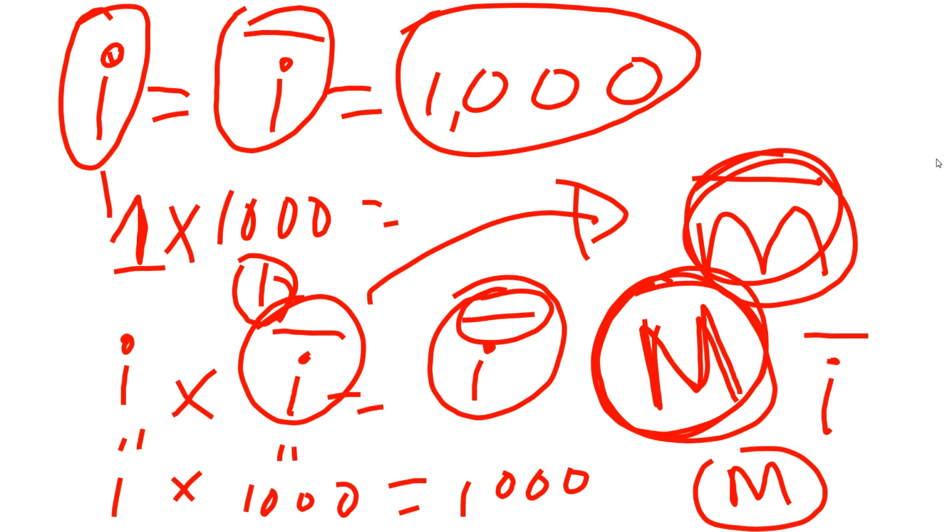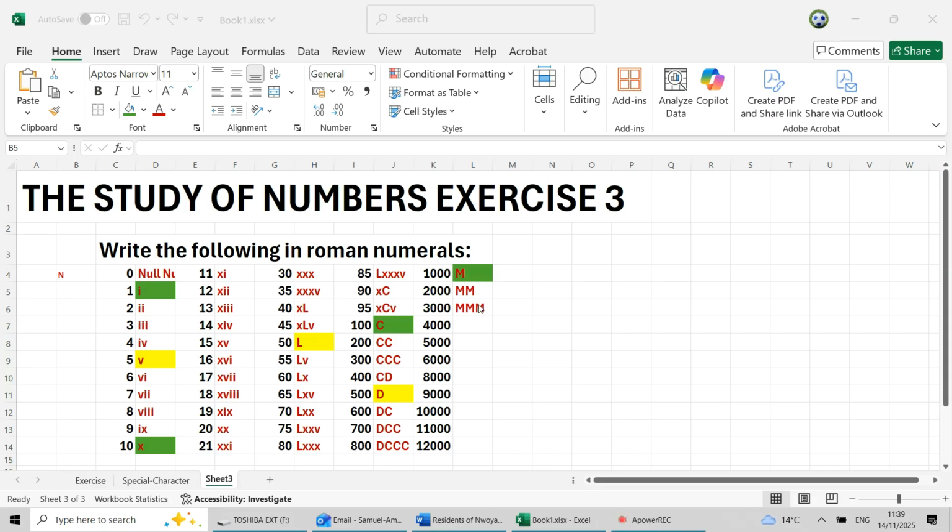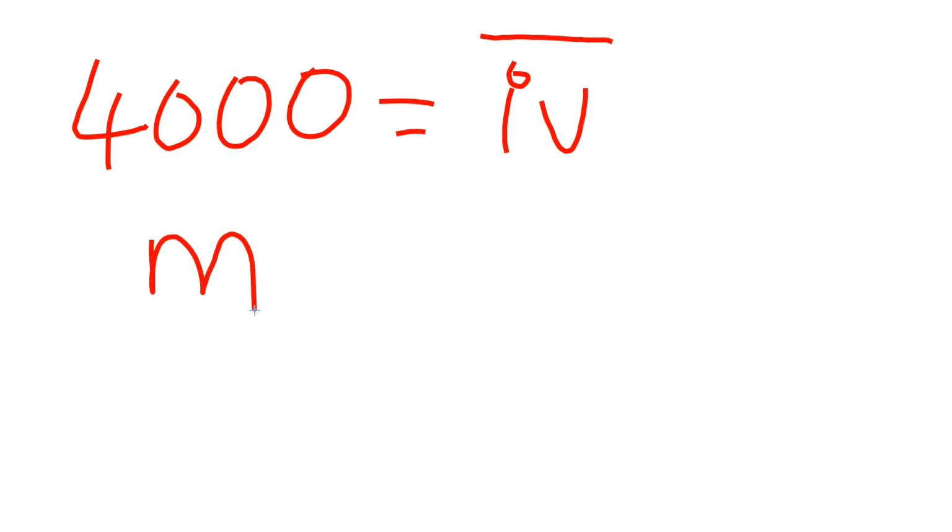That is why I have indicated here, instead of writing IV, which is 4, then bar on top to signify 4,000, yet we already have M for 1,000, and we have V bar for 5,000.